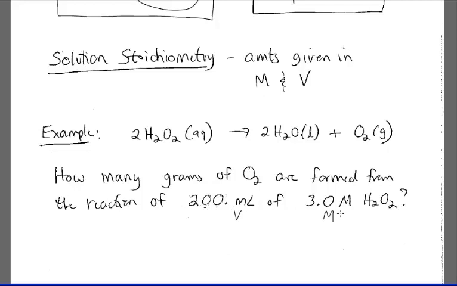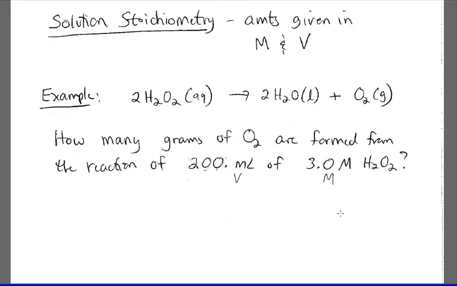Remember that we always need to convert to moles in order to use a reaction equation. So we'll convert to moles by doing molarity times volume first. So 3.0 molar, which again is moles per liter, times 0.2 liters, and that gives us moles.